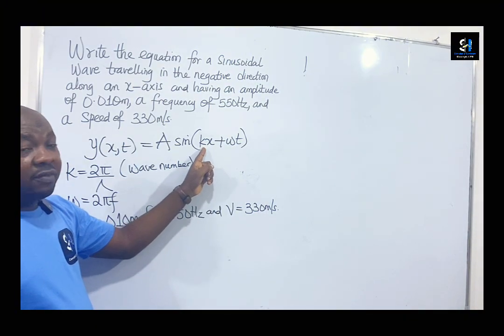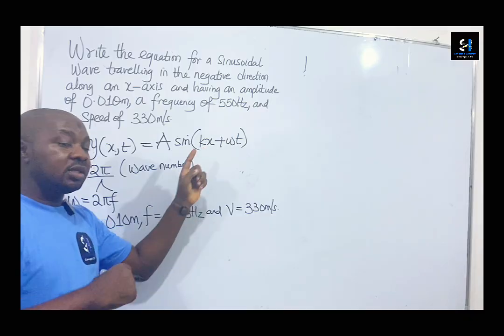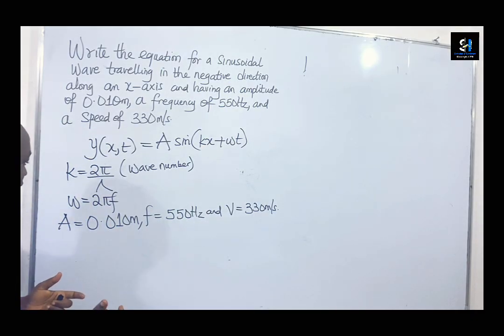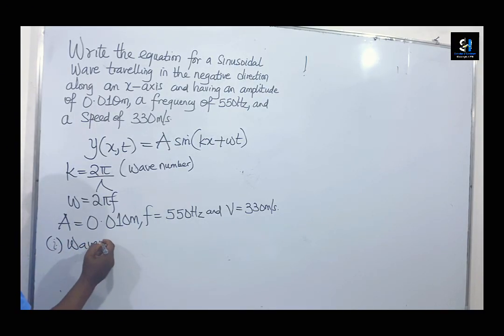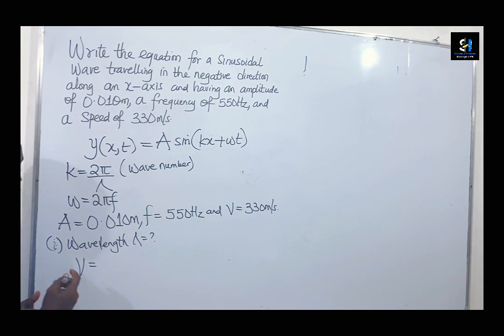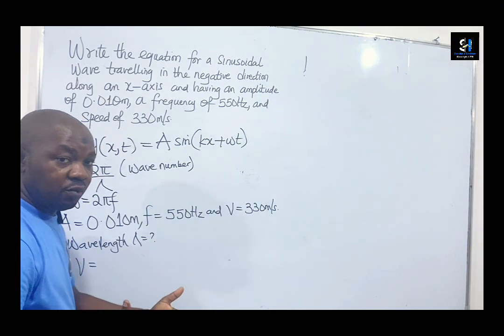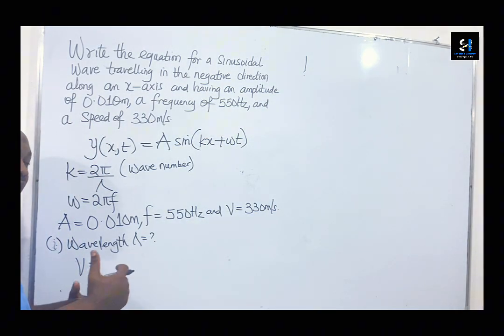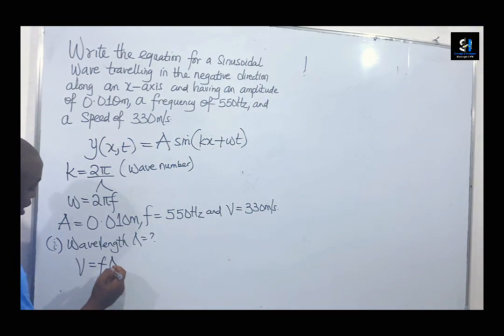To calculate the value of k, we need to first find the wavelength. Roman numeral 1, wavelength. From the equation connecting the speed of the wave and wavelength, we have v equals f lambda.